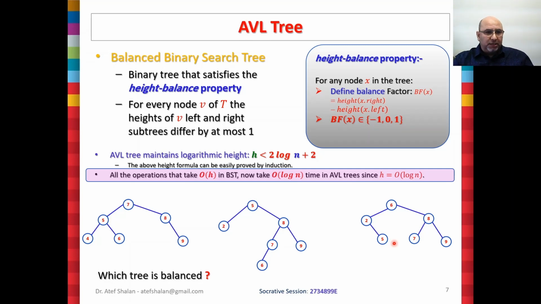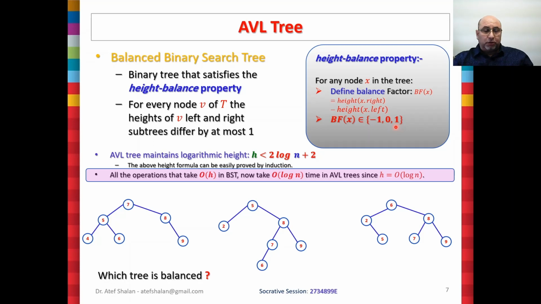The AVL tree will maintain a property called the height balance property. This property maintains the balance factor to be always either -1, 0, or 1.